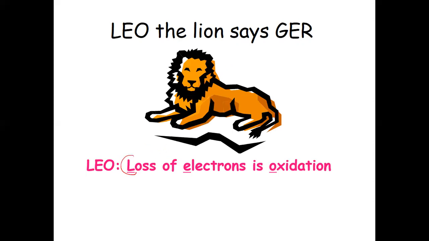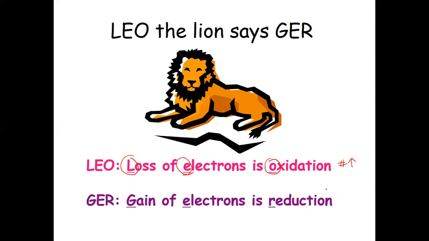That stands for lose electrons is oxidation. The oxidation number goes up. Now we have gain electrons, grr. Gain electrons is reduction, and the oxidation number goes down, reduced.